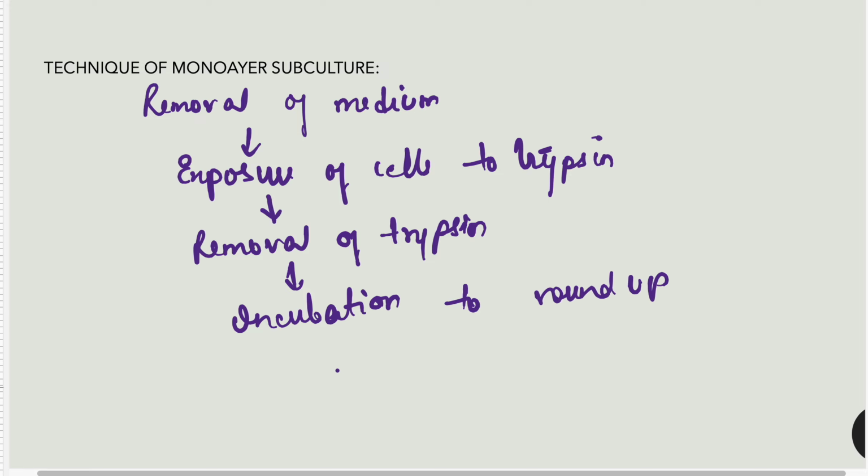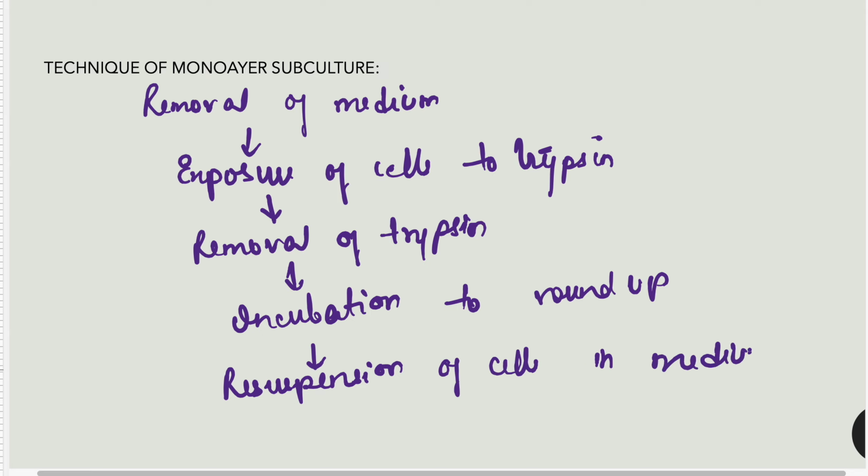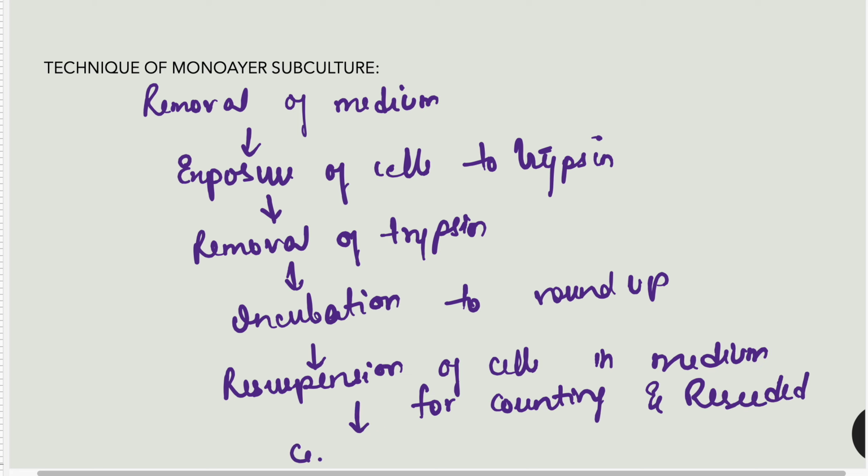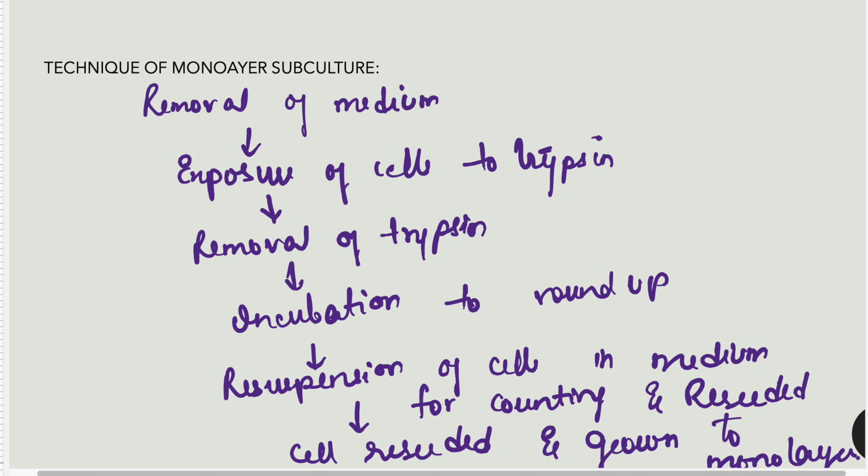Incubation to round up and resuspension of the cells in media, for counting and reseeding. Here the cells are counted and reseeded in a new culture. Next, cells reseeded and grown as a monolayer. Okay, so these are the steps involved in monolayer subculture.